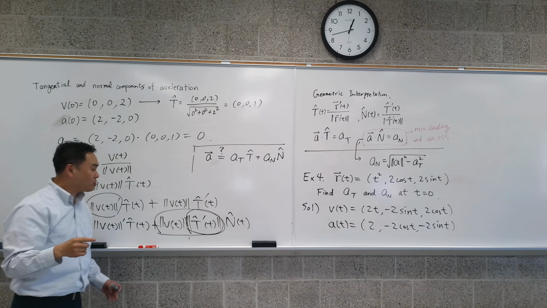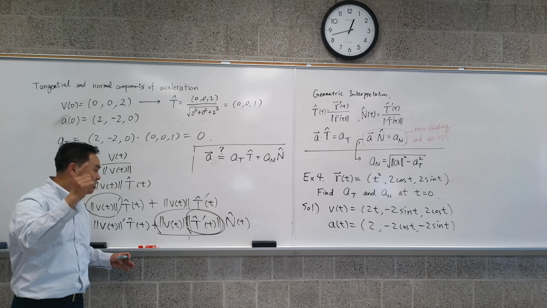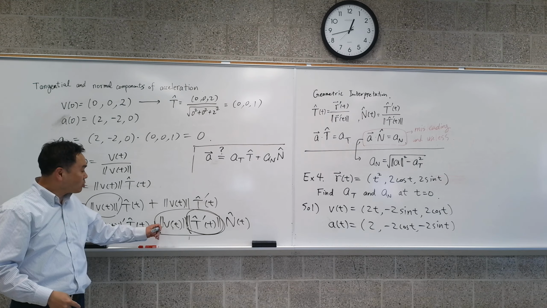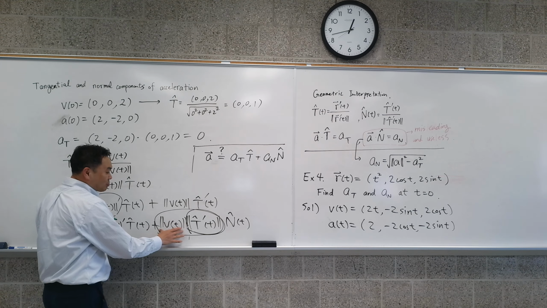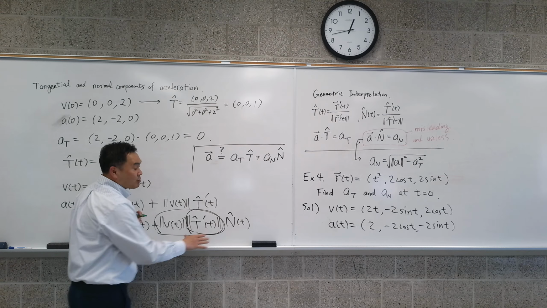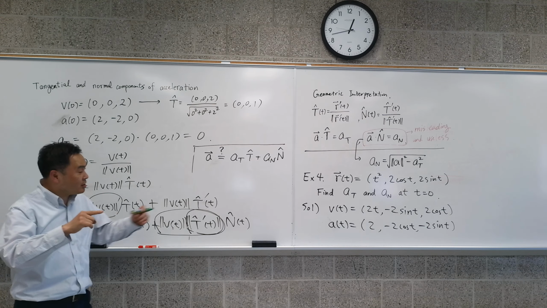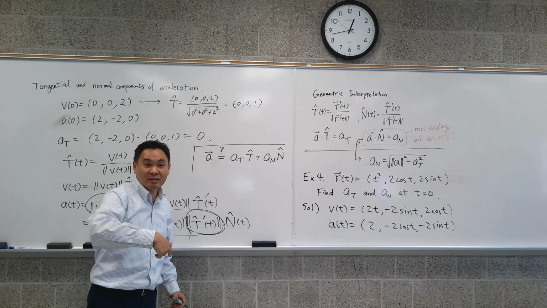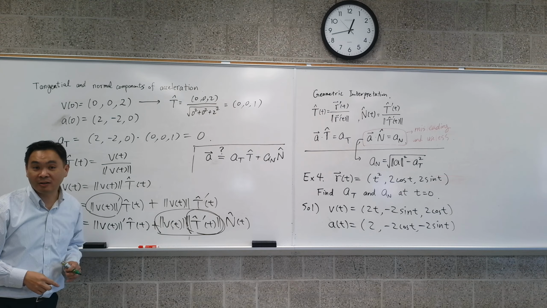So it also means that if you're going at a high velocity, it's harder to turn. If you're going at a lower velocity, so if this is small but this is big, that means any normal component of acceleration is going to make it bend a lot. That's what this is saying.